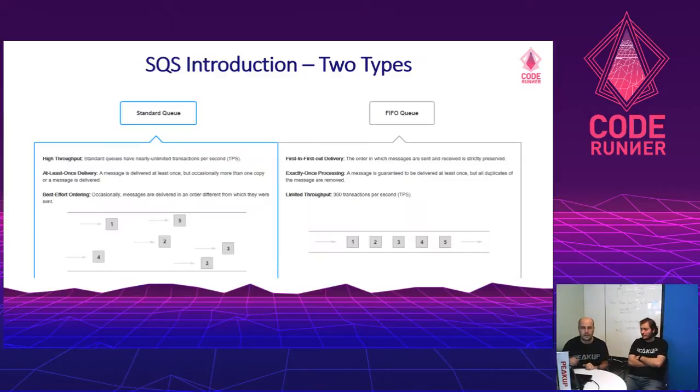There are two types of Simple Queue Service: one is standard, and the second one is FIFO queues. What is the difference? The difference is the order in which messages are processed by the service.